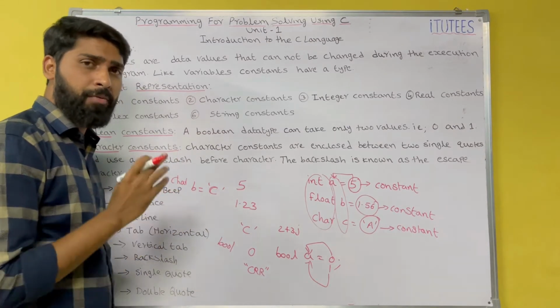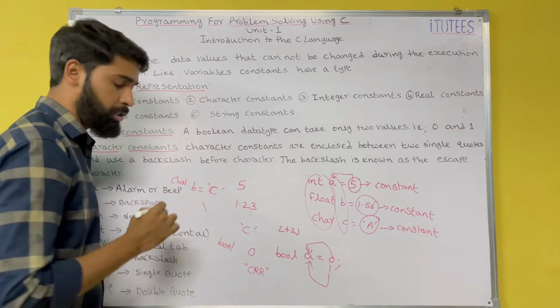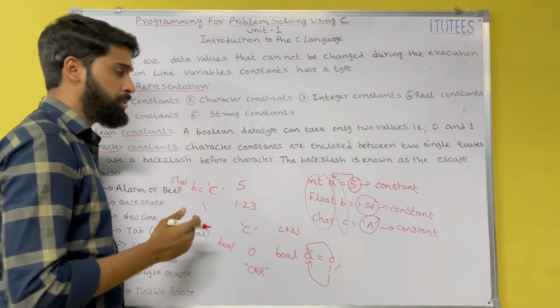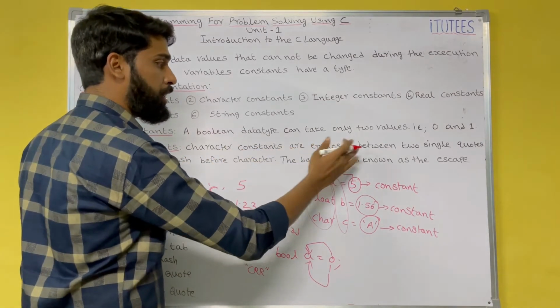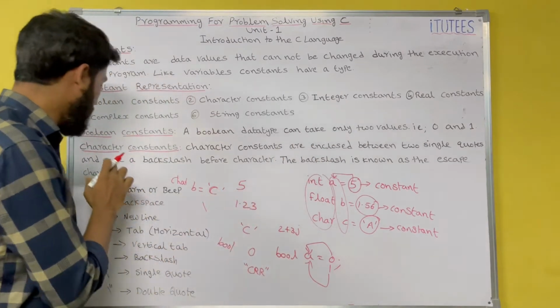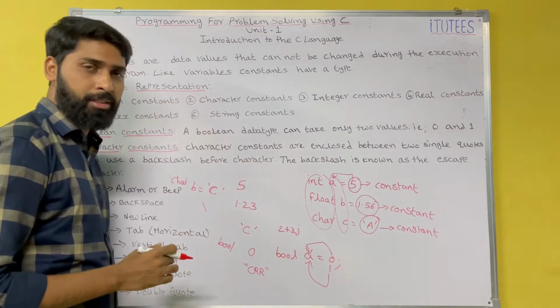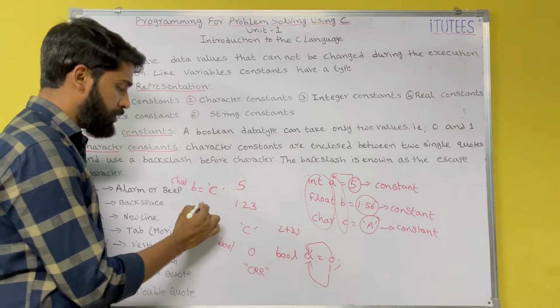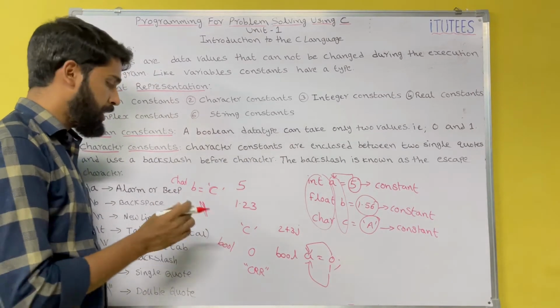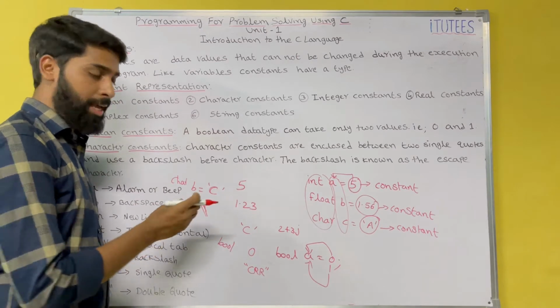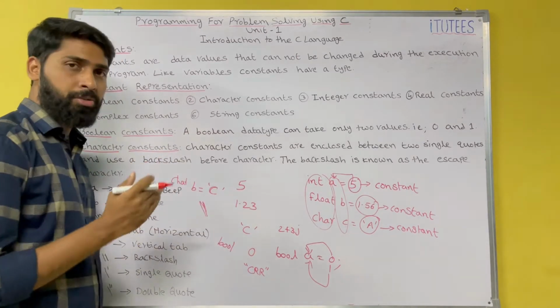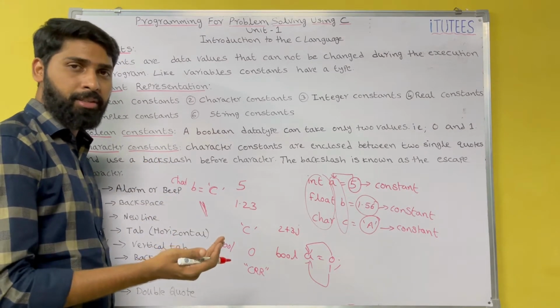And in some cases, we are going to use backslash also. What is a character constant? Character constants are enclosed between two single quotes and sometimes use a backslash before the character. This we call an escape character. What is the escape character?